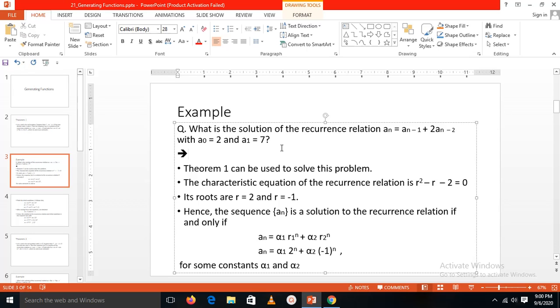Now to solve this example we are using the first theorem. The characteristic equation of the recurrence relation is r squared minus r minus 2 equals 0. How can we get this equation? This equation is obtained by using the first theorem.